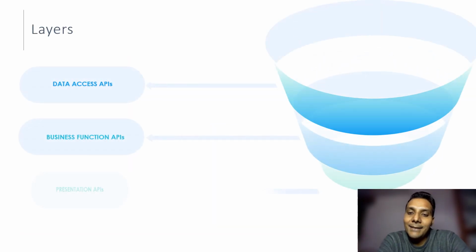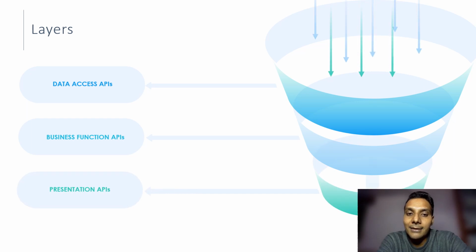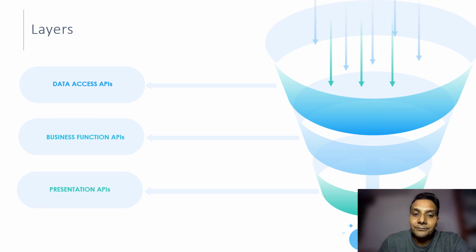Lastly, I would like to mention that we should not be bound to these names like experience, process, and system APIs. In another project in which I was working, they used to call them data access API, function API, and presentation API.